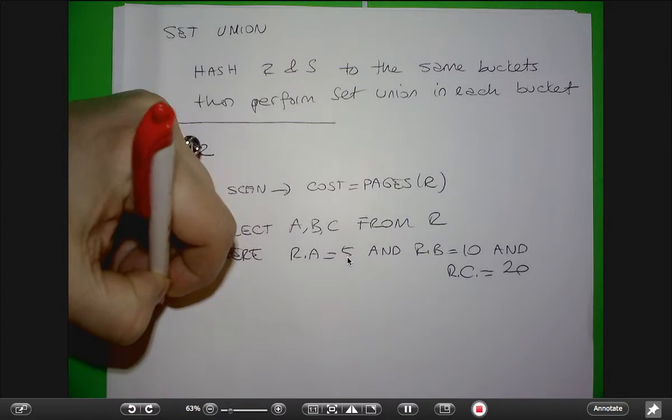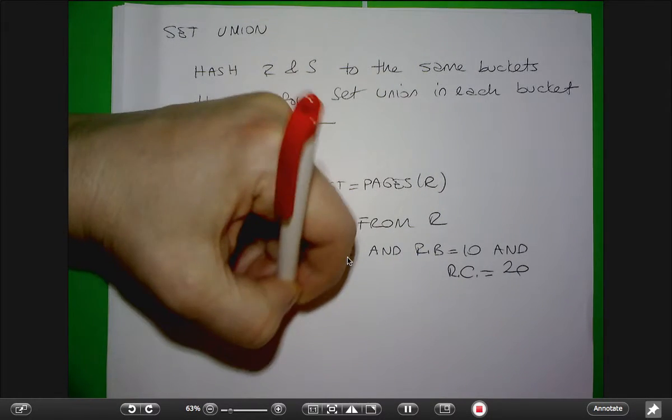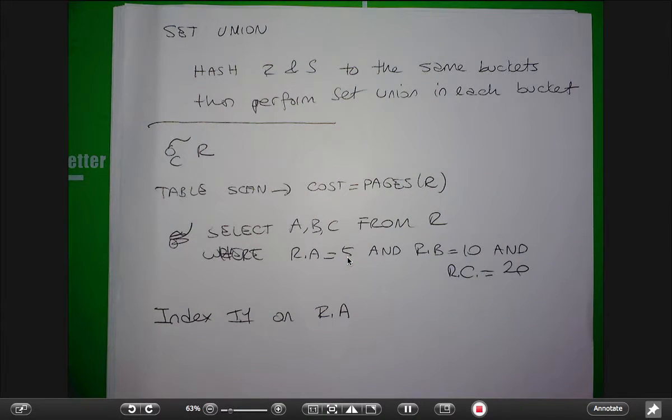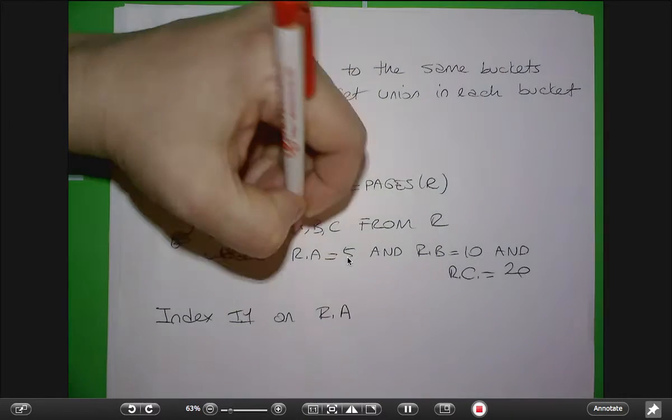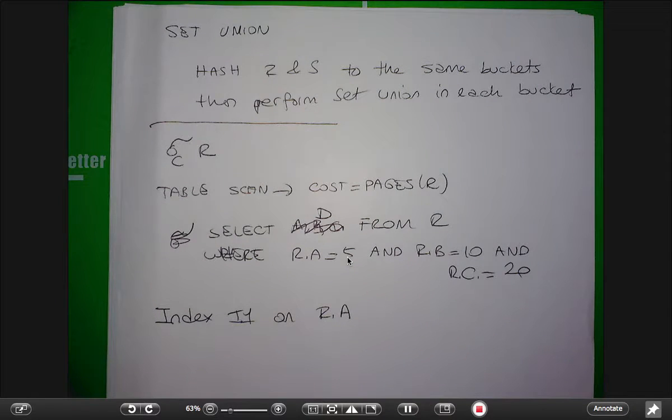Suppose I have an index, let's call it I1, on R.A. Now in that case, what I can do is scan index I1 to find tuples where R.A is equal to 5, right?